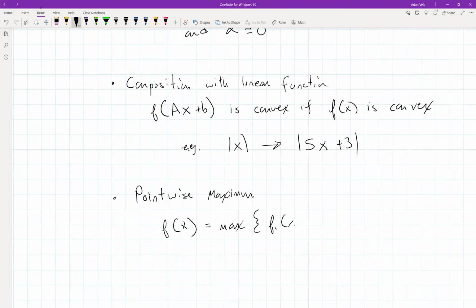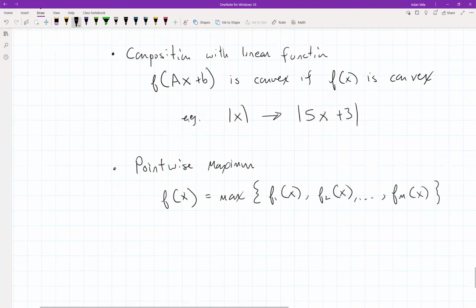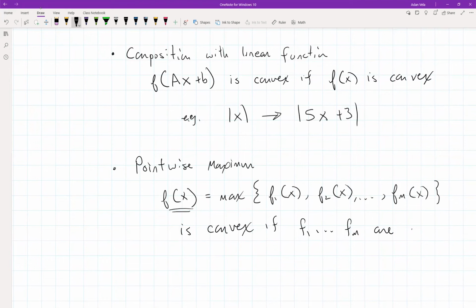So we have f1 of x, f2 of x, all the way to fm of x. So we have a whole bunch of functions and we're taking the maximum of them. This function, which is the maximum of functions, is convex if f1 all the way to fm are convex.